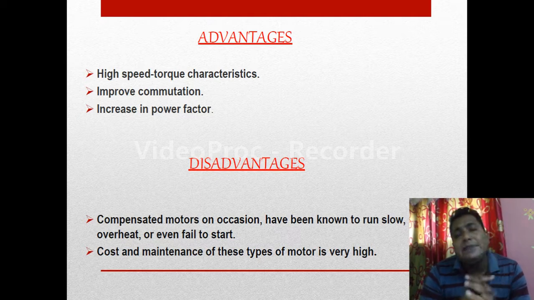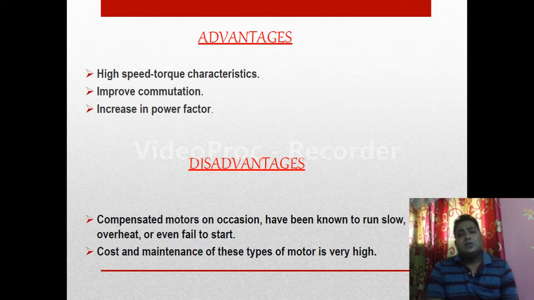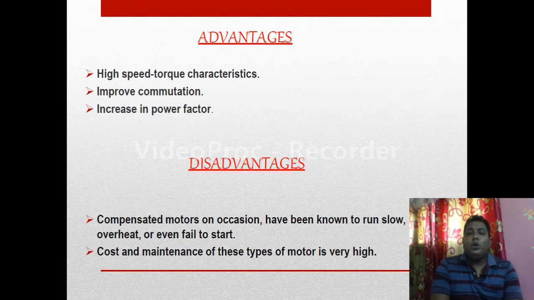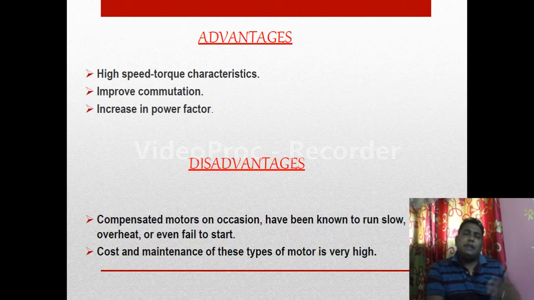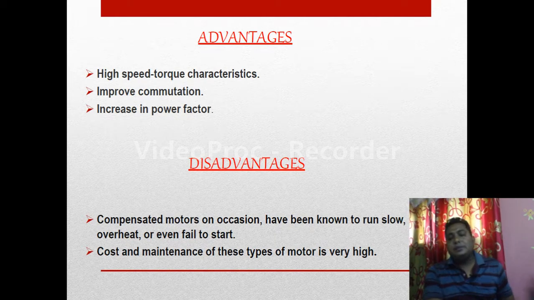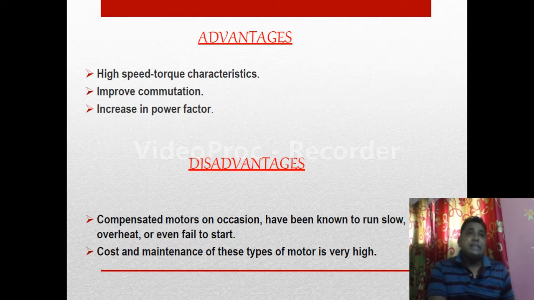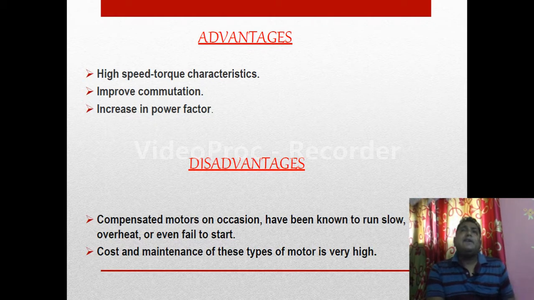So now let us see what disadvantages it has. Compensated motors on occasion have been known to run slow, overheat, or even fail to start. That means sometimes compensated motors overheat, because when we are using a thick wire, a high current can flow through it, and it has a high torque speed characteristic.